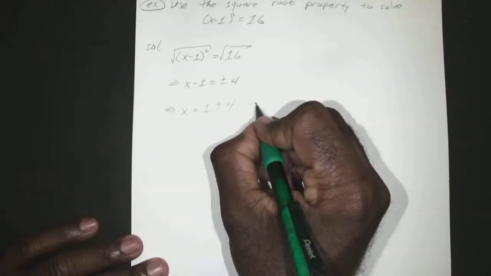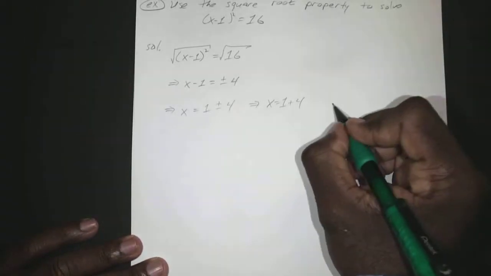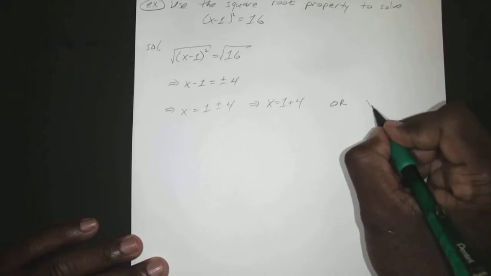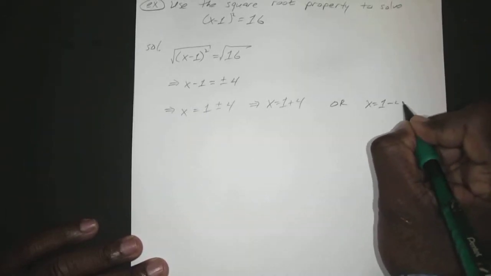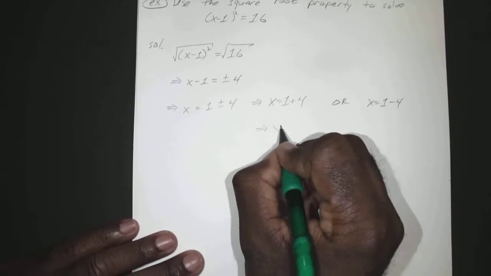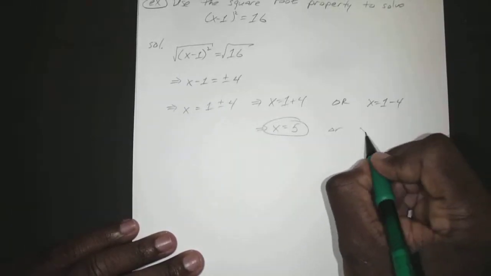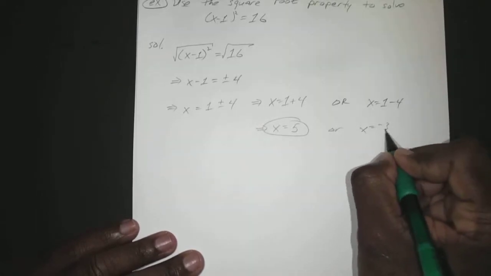That translates to x equals 1 plus 4 or x equals 1 minus 4. Then you just solve both of them for x. So x equals 5 or x equals negative 3.